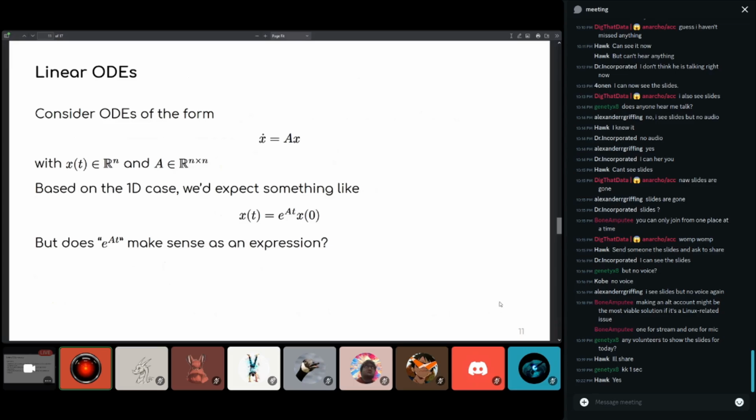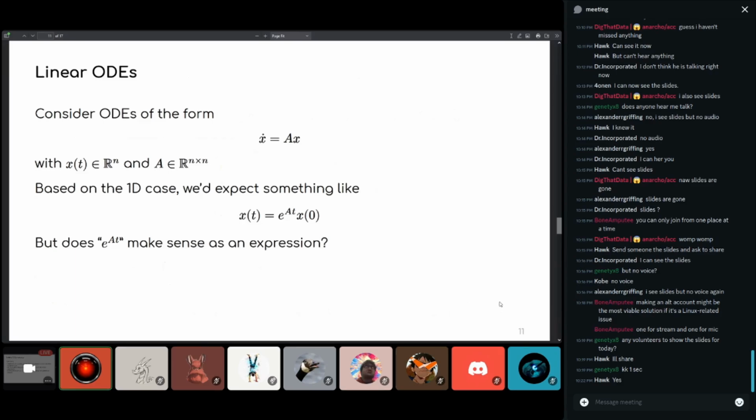So on to linear ODEs. We're talking about an ODE of the form x dot is equal to Ax, where x here is just in R^n, an n-dimensional vector, and A is some square matrix in R^{n times n}. Briefly, you can think of this as a system of n coupled linear ODEs, or just a single ODE, that still works.